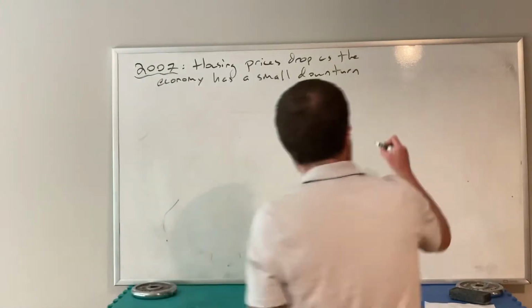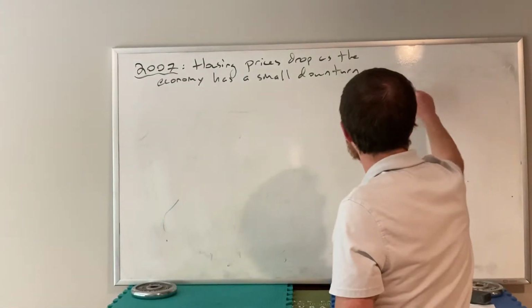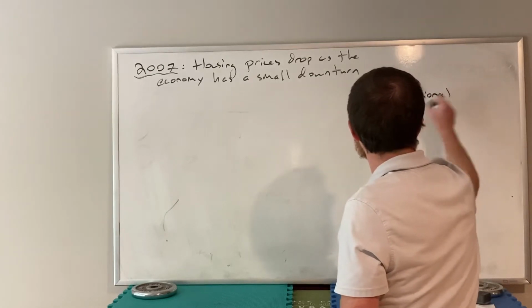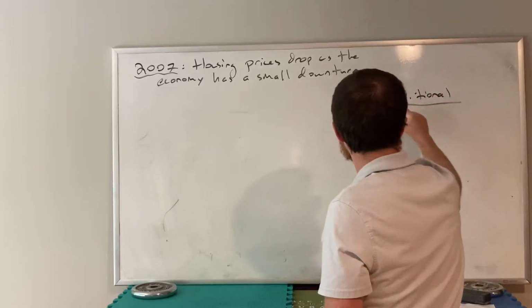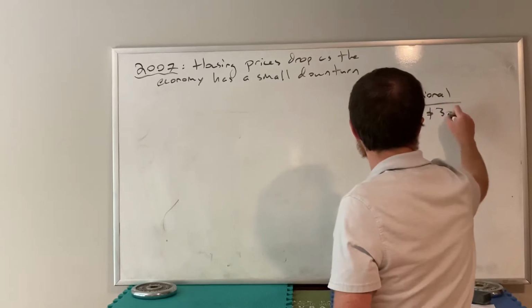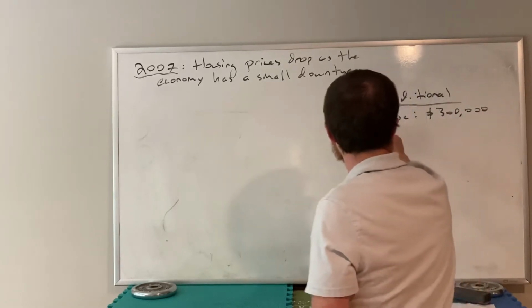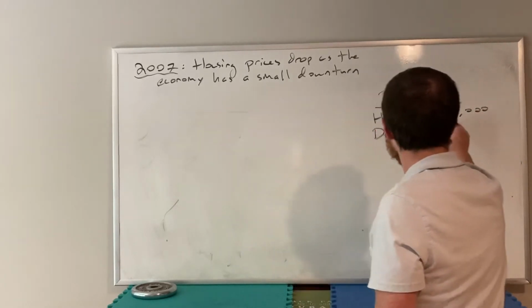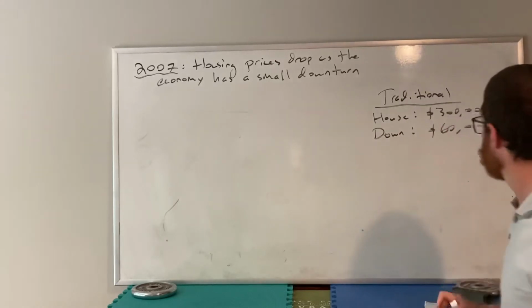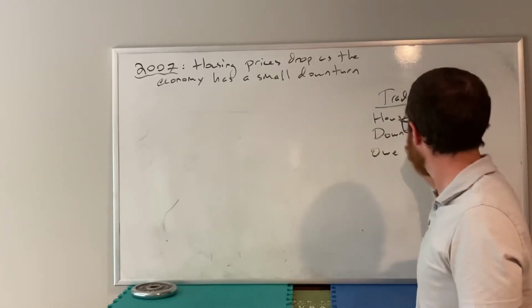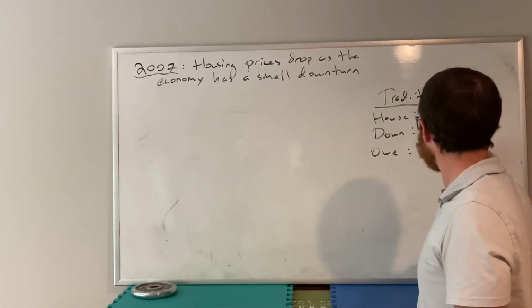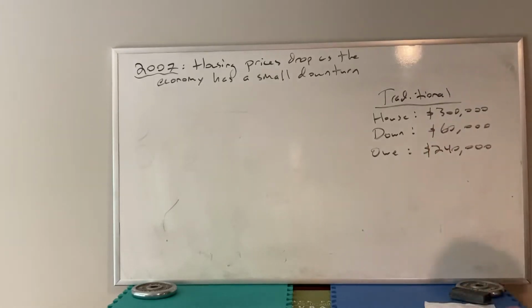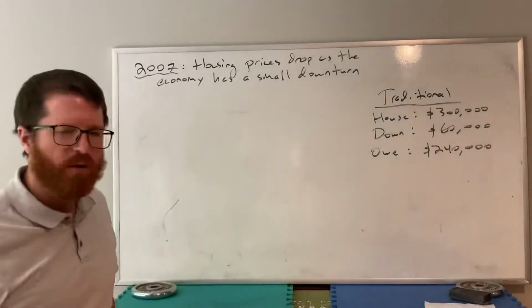So let's think about our mortgages out there. You've got some people with traditional mortgages. So you know a $300,000 house has that down payment of $60,000. And so these people owe about $240,000. Okay? Now, this is how much you'd owe right after you did the mortgage.